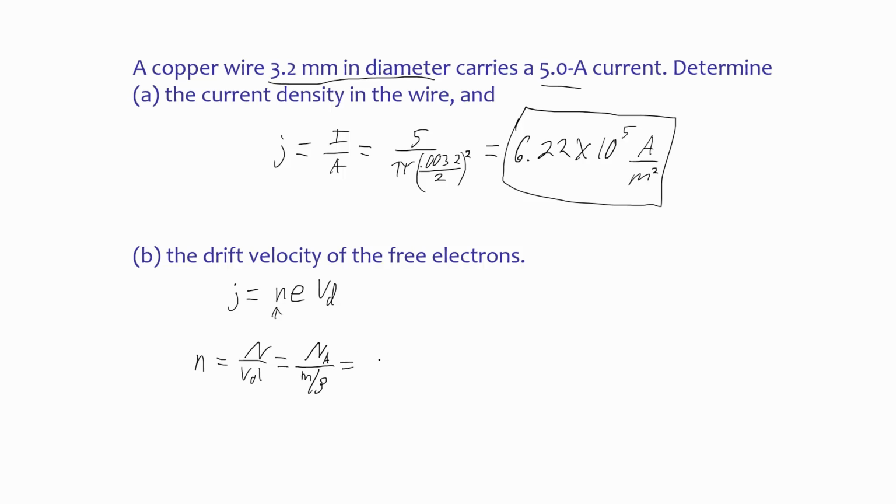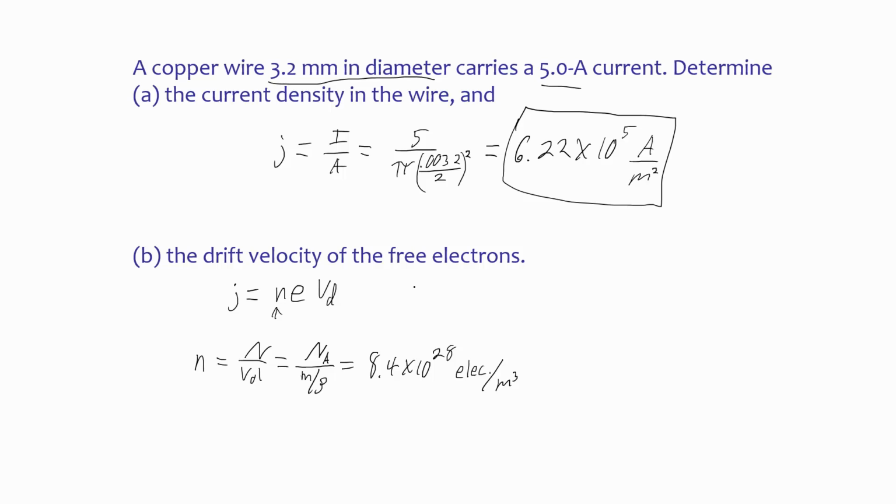Anyway, I'll spare you plugging in the numbers, but if you look all those up, you'll get 8.4 times 10 to the 28th atoms, or in our case, we're going to assume these are electrons per cubic meter. And at this point, we can plug into this equation up here.